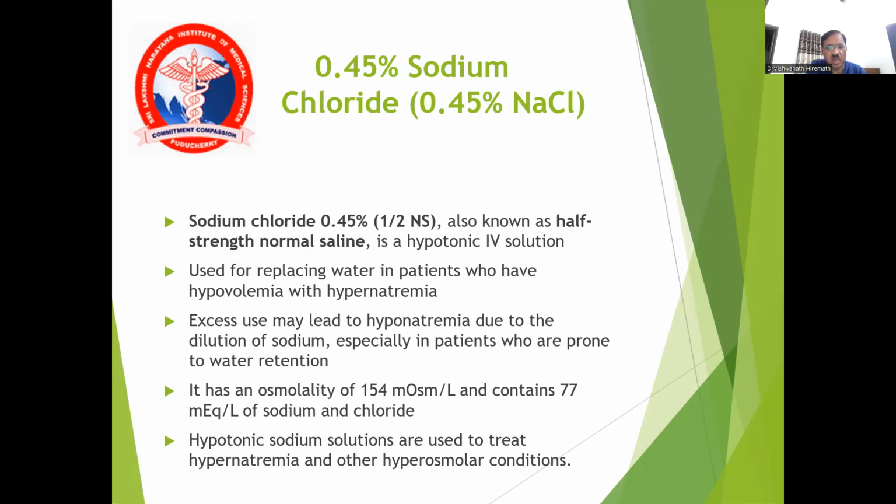The osmolality of normal saline is 154 milliosmoles per liter, containing 77 milliequivalents of sodium and 77 milliequivalents of chloride. Hypotonic sodium solutions are used to treat hypernatremia and other hyperosmolar conditions.